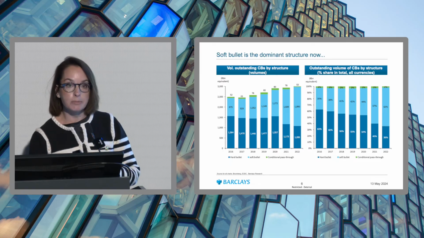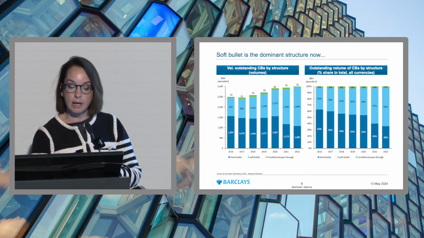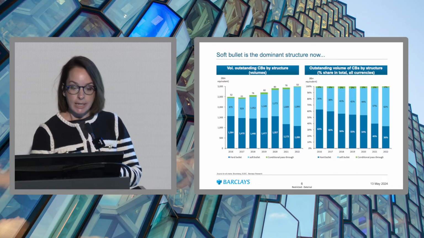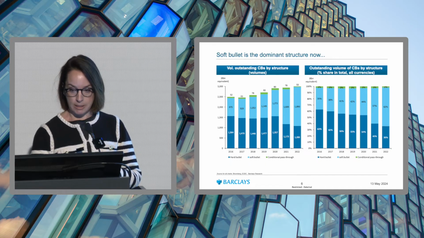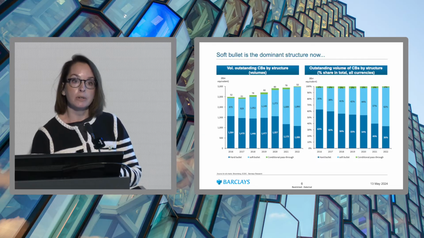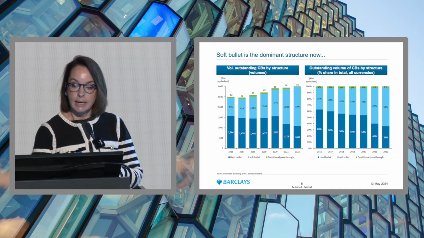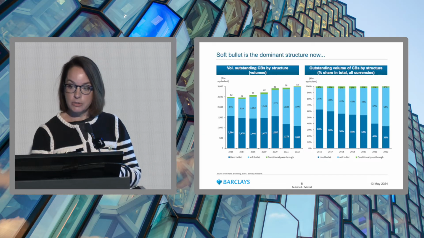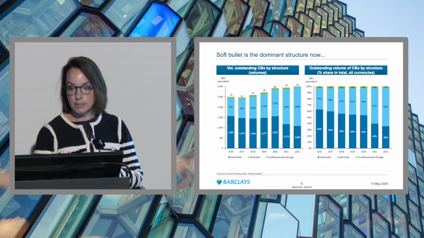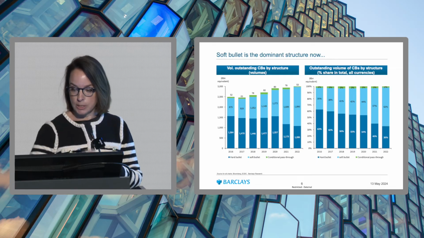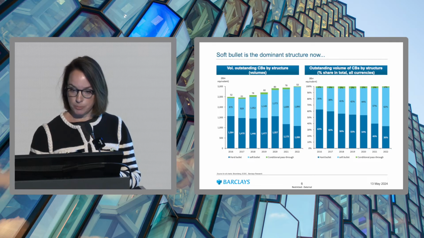Just looking at the ECBC statistics figures collected by Joost and his team, you see that compared to 2016, where the hard bullet format in terms of outstanding made up over 60% of the market, fast forward a few years, it's inversed. Now it's mainly the soft bullet format that is predominant, whereas the CPT has always been a very niche product.